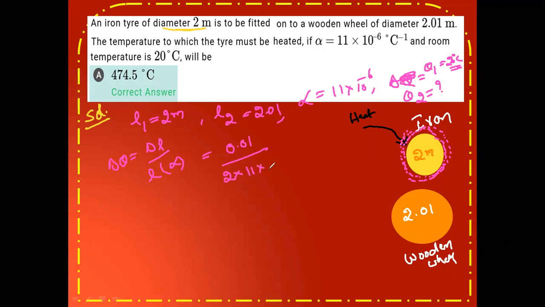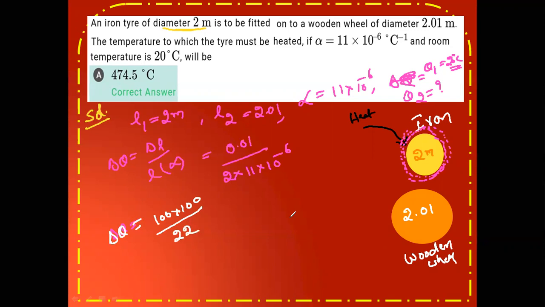Alpha is 11 into 10 power minus 6. So if I substitute the values, delta theta is, taking this to the top side, I can say 100 into 100 by 22.